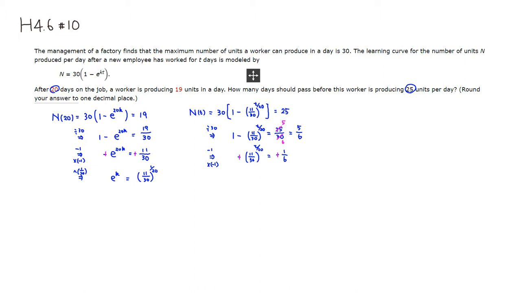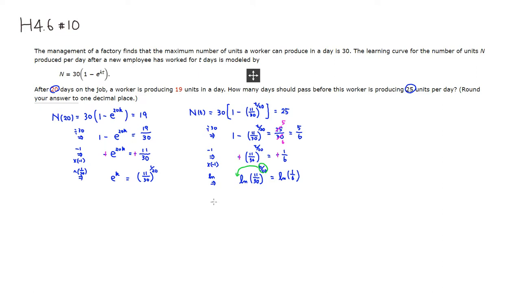Then I'm going to take the natural log of both sides. So we have the natural log of 11 over 30 raised to the t over 20 is equal to the natural log of 1 over 6. Then we can put this exponent in front.